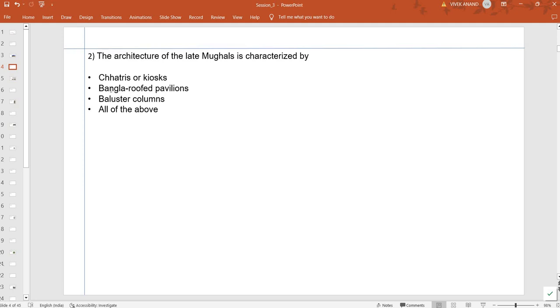In which buildings, or in which emperor's style, can you see Bangla roof pavilions? In Shahjahan and Aurangzeb you can see.